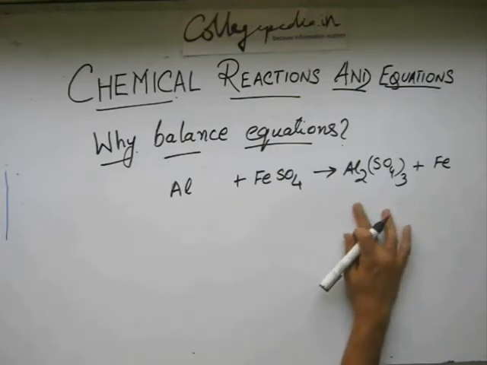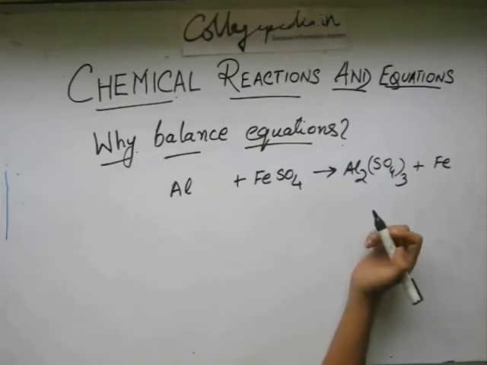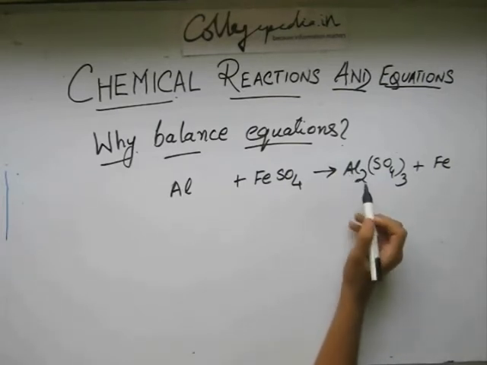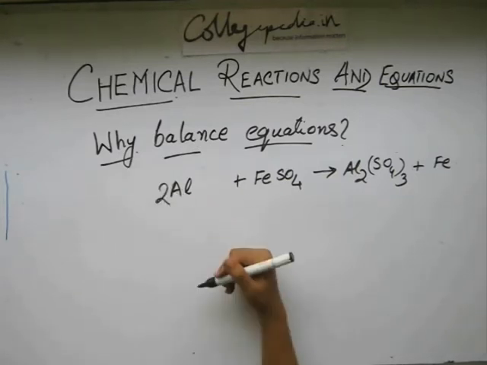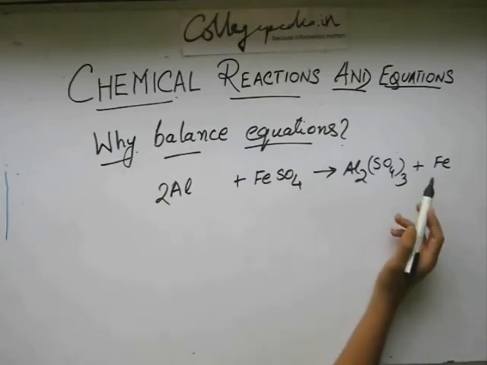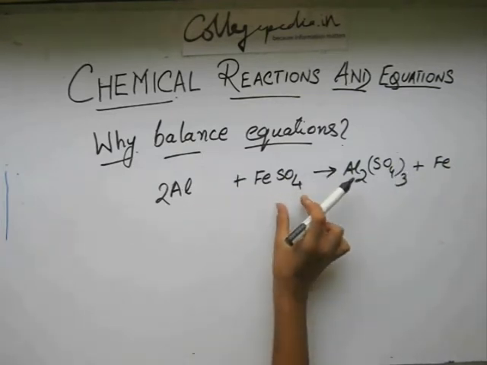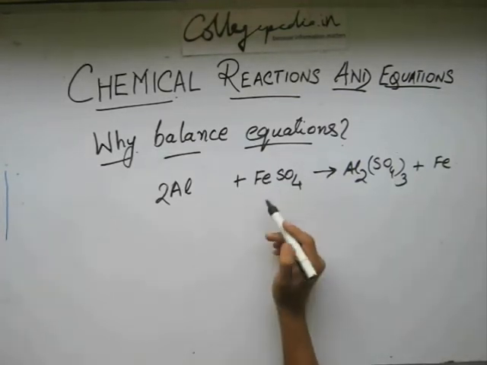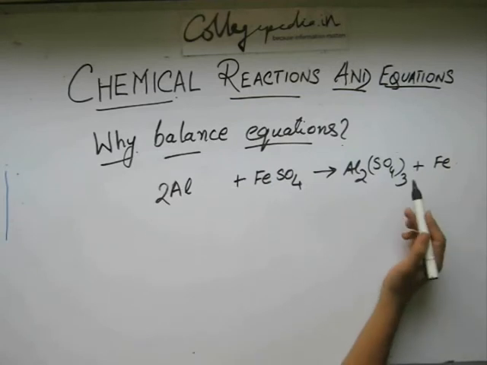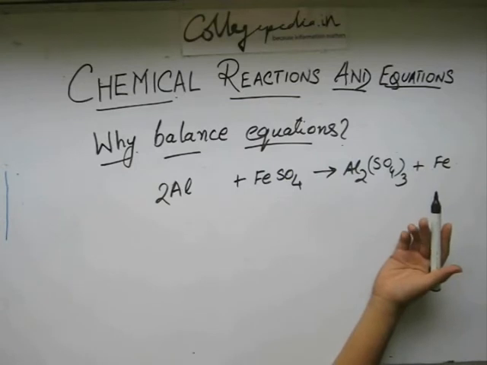So you see, this is the most complicated compound. So here there are two Al atoms. So there are two aluminium, here only one aluminium. Change it to 2. Then if you take this SO4 as a whole thing, you'll see it's always present in SO4 form. So instead of balancing this sulfur oxygen separately, we can just balance the total SO4 because it's not breaking anywhere.